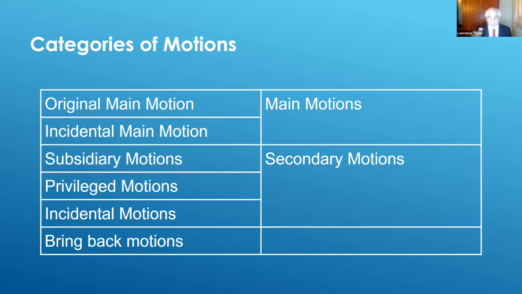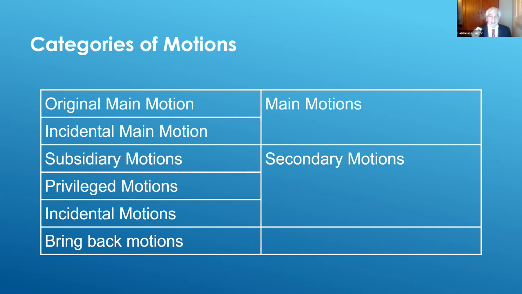So a slightly different set of rules applies. If they are introduced when nothing else is on the floor, then they generally follow the same rules as a regular motion: it has to be seconded, it can be debated, it can be amended, and then voted upon.